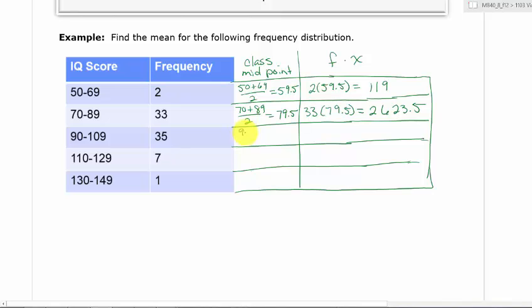Next, we want 90 plus 109 divided by 2. That gives us 99.5. And that frequency is 35, so we're going to take 35 times 99.5. That gives us 3,482.5. And then we want to do 110 plus 129 over 2.